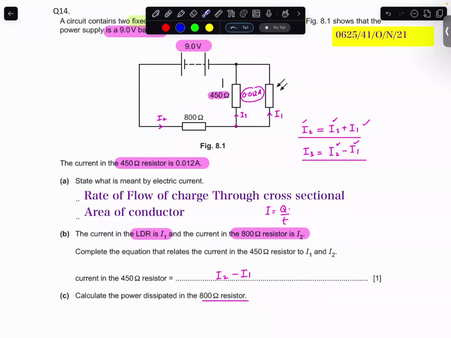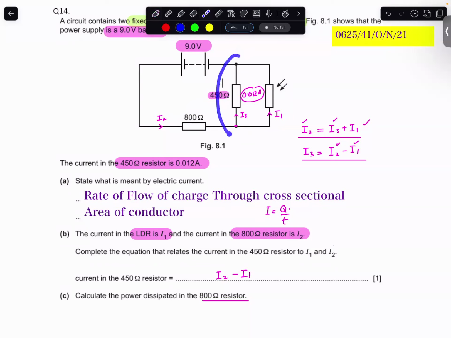The reason is that this part of the circuit is parallel, and this parallel part is in series with this resistor. We know that the battery voltage divides itself in a series circuit. So imagine this is one resistor and this is a second, the combined resistance of the LDR and the 450 ohm resistor. If we find the potential drop in this region, then we can find the potential drop in this region very easily.